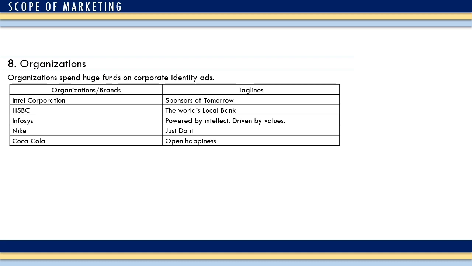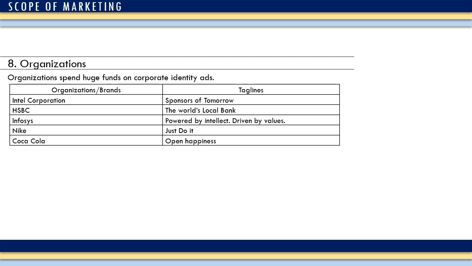Now, HSBC always tries to portray itself as the world's local bank because of its worldwide presence, and not just worldwide presence, but because of its understanding of the local markets. So HSBC tries portraying itself as the world's local bank and tries justifying that by saying two things. One, we are present everywhere. Second, we perceive every market as unique, and we offer unique products to each and every market, which is designed to cater to the needs of the local customers.